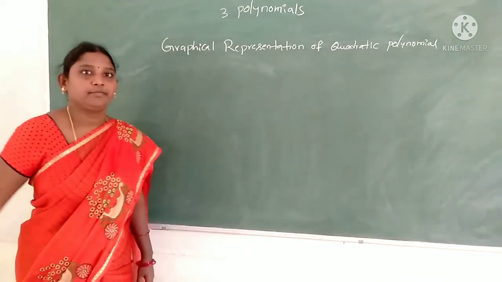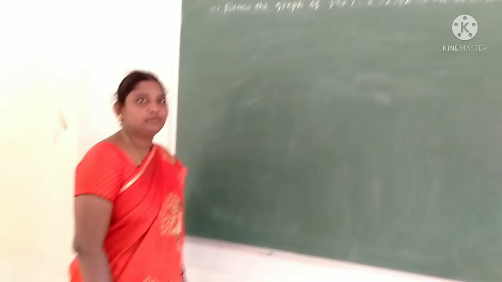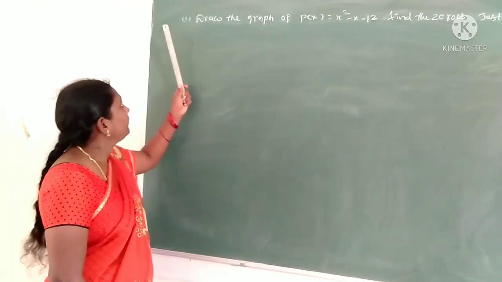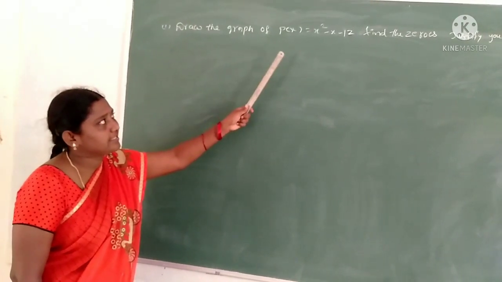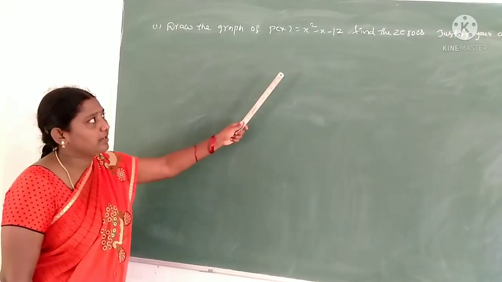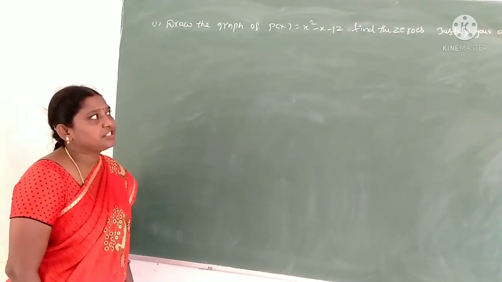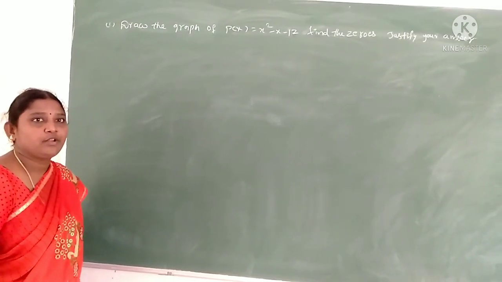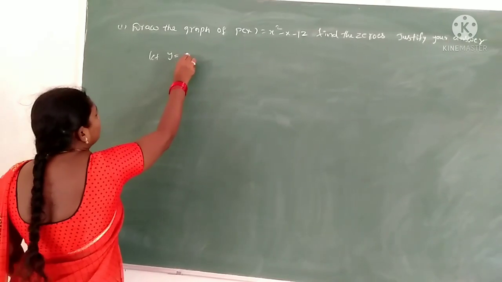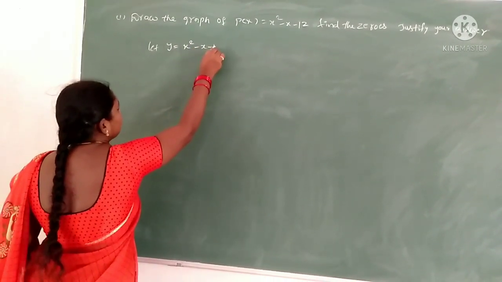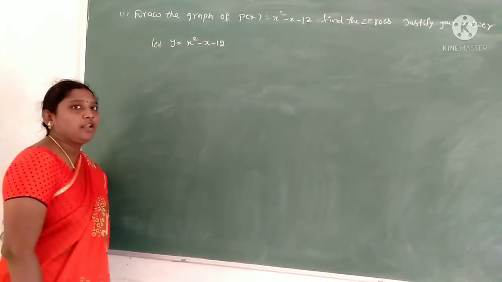First, for an example problem, draw the graph of p of x equals x squared minus x minus 12. Find the zeros and justify your answer. So, let y equal x squared minus x minus 12.